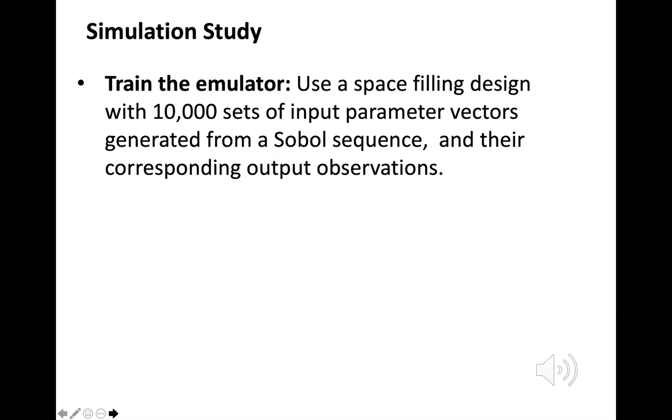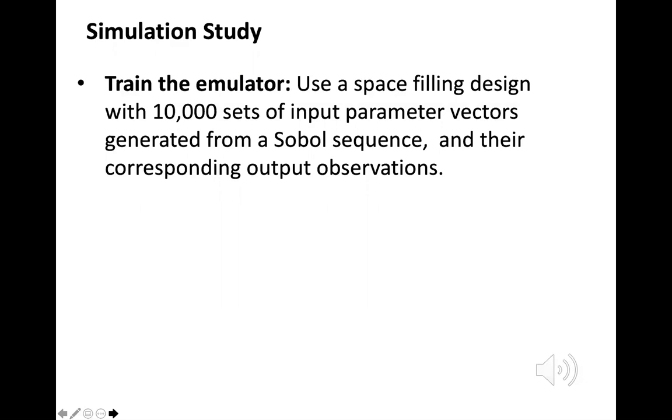To answer that question, we run a simulation study. We first cover the parameter space with 10,000 points generated from a Sobol sequence to give us a space-filling design. Loosely speaking, this means that our parameter space is covered uniformly. Now, each of the points is a vector of material parameters, which we insert back into the cardiac mechanics model and solve it numerically with finite element discretization.